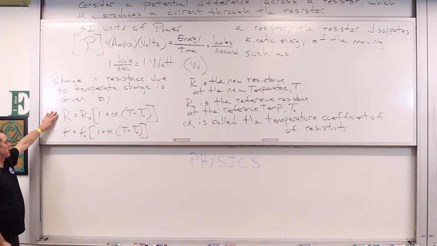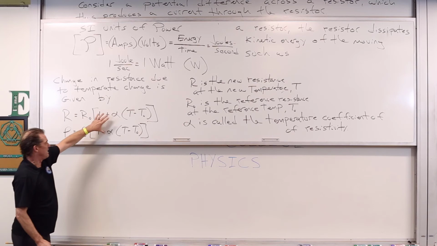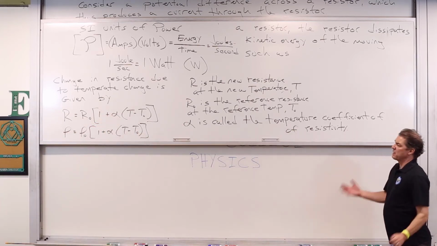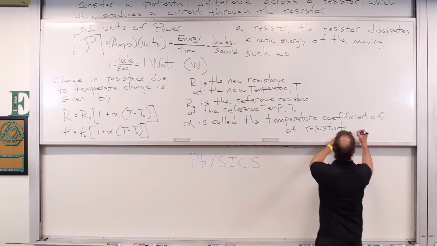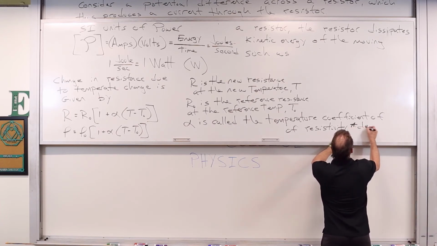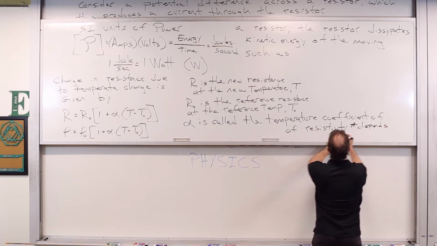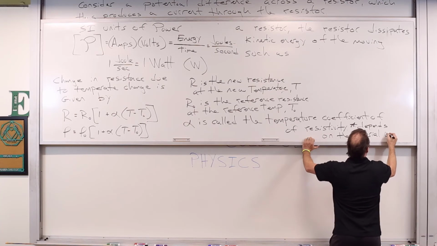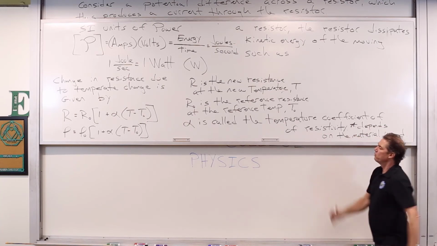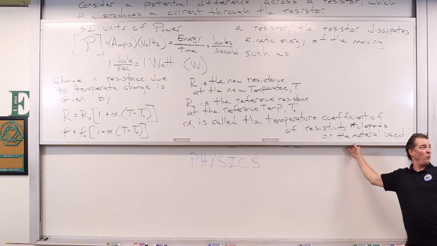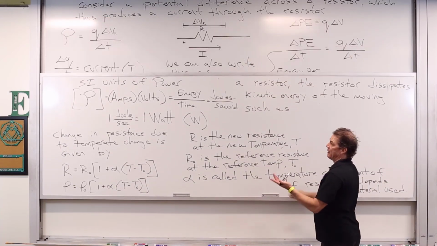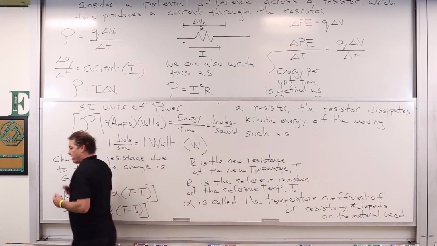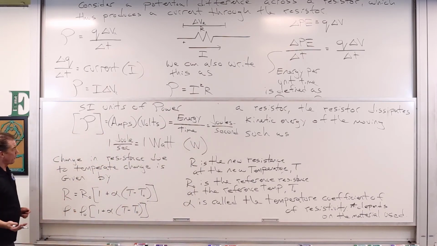So the temperature dependence of resistance, temperature dependence of resistivity. In either case, the coefficient is the temperature coefficient of resistivity, and that depends on the material that's being used. So one neat effect that comes out of this is as the resistor heats up, the resistance increases.